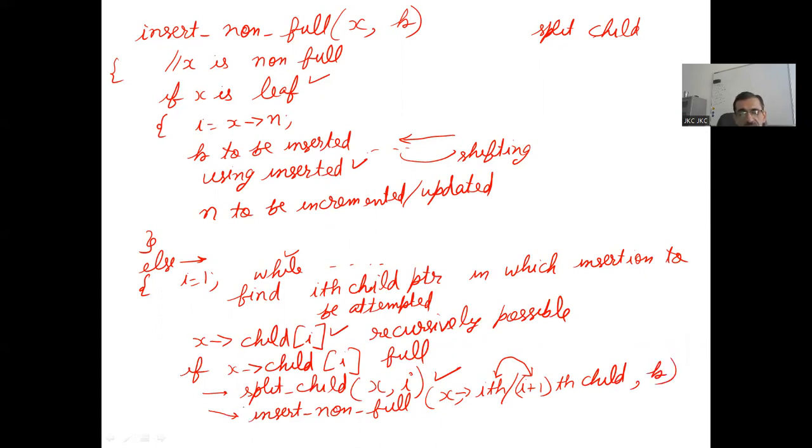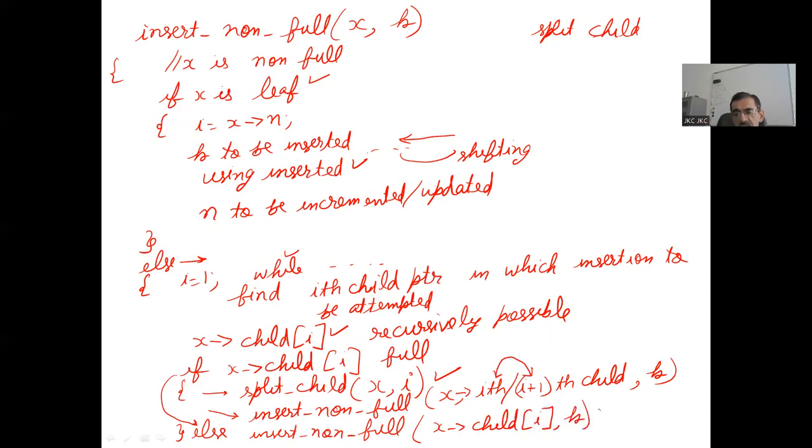So the recursive call can work. On the other hand, if it is not full, I can simply say insert non-full into this corresponding child, recursively. So x arrow child i, and within this child i, k is to be inserted.